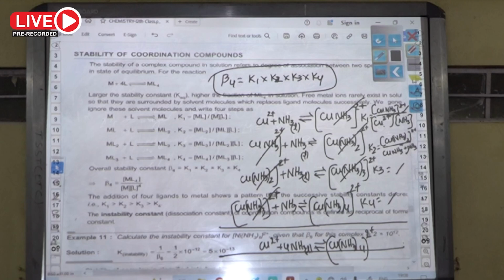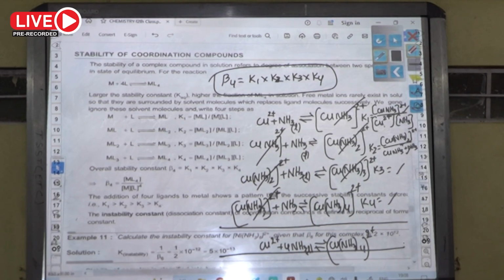Larger the value of beta, more is the stability for the complex.